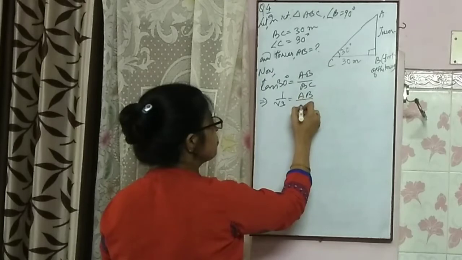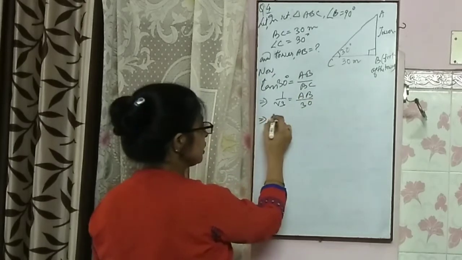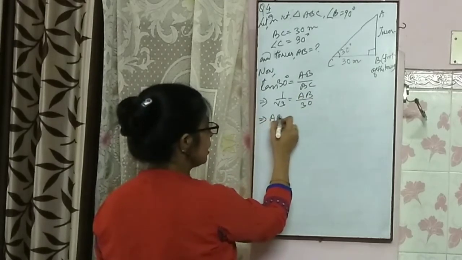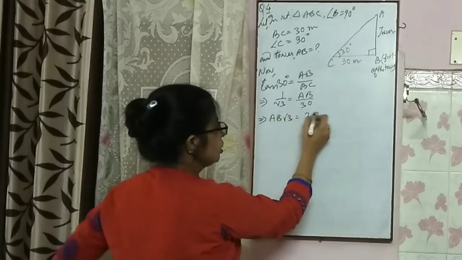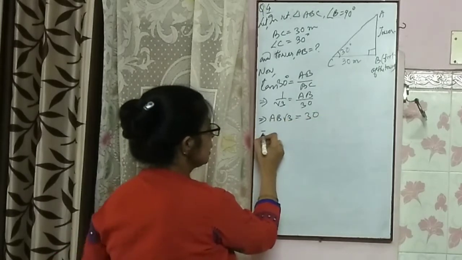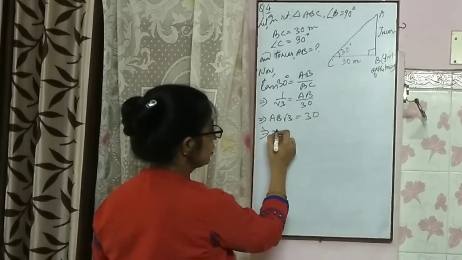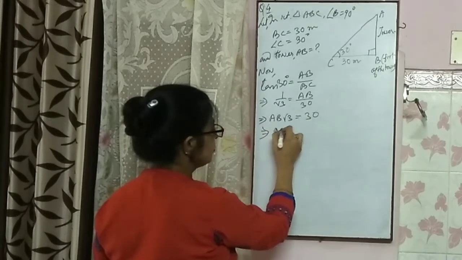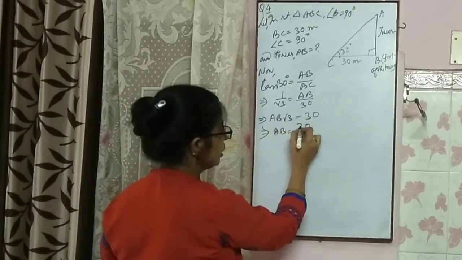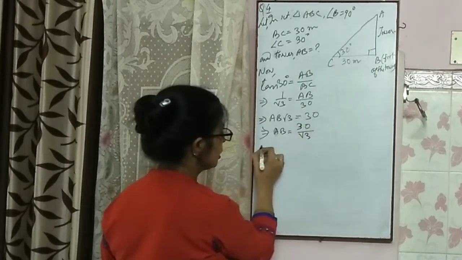AB we don't have, BC is 30, cross multiply, AB root 3 is equal to 30. Therefore AB is equal to 30 by root 3.